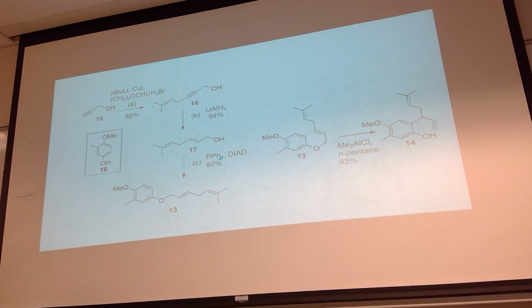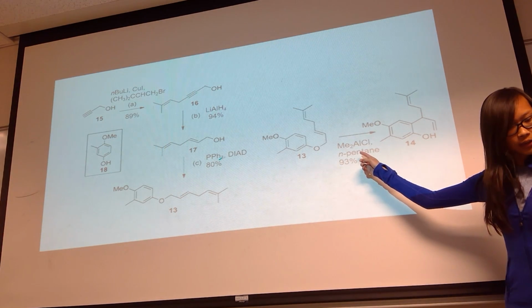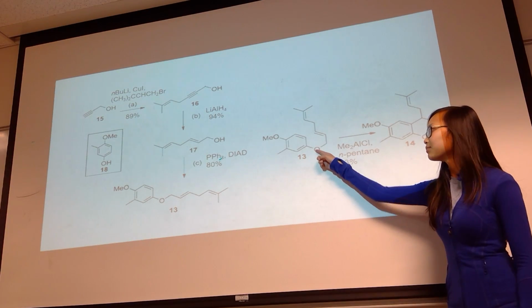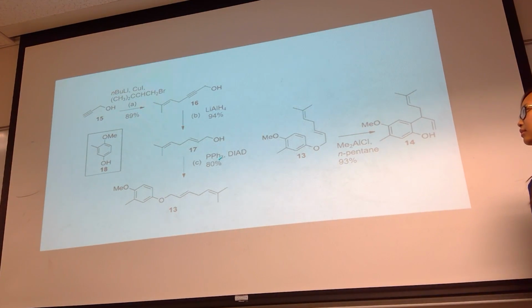So they used the Lewis acid catalyst, which was the dimethyl aluminum chloride. So this was used to protonate this oxygen, or not to protonate.